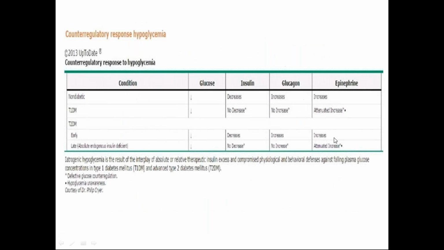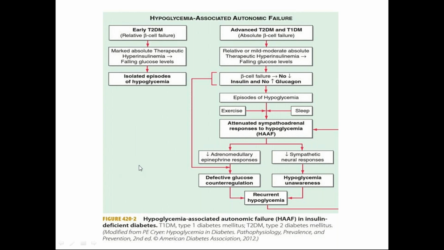So what they do is there is attenuated sympathoadrenal response. That means there will be decreased response. There is decreased adrenomedullary epinephrine responses and decreased sympathetic neural responses. So these decreased responses cause defective glucose counter regulation, and this decreased sympathetic neural response causes hypoglycemic unawareness, and they in turn cause recurrent hypoglycemia.